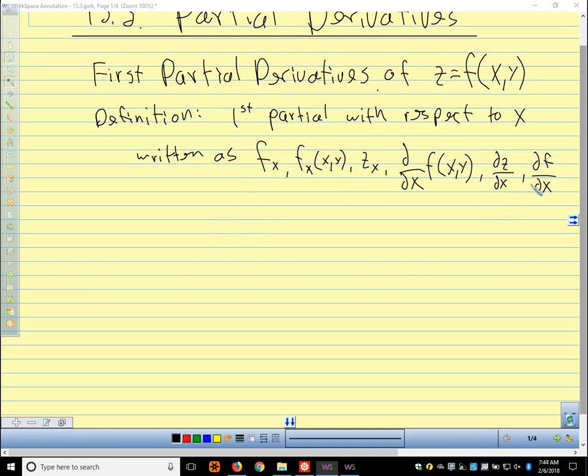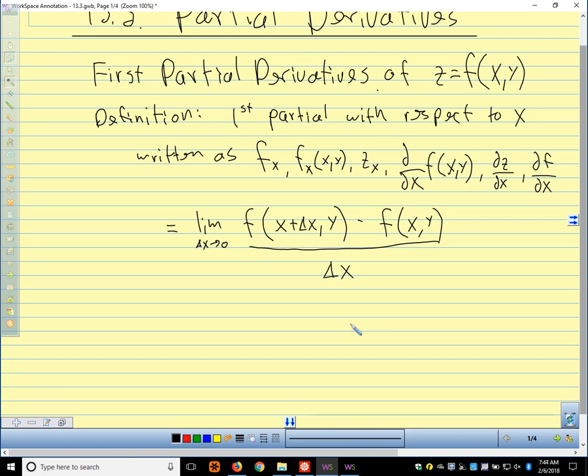And all of these are equivalent, and this equals the limit as delta x approaches 0 of f of x plus delta x, comma y, minus f of x, y. That's the change in our function value as x changes a little bit, and we're going to divide by delta x.